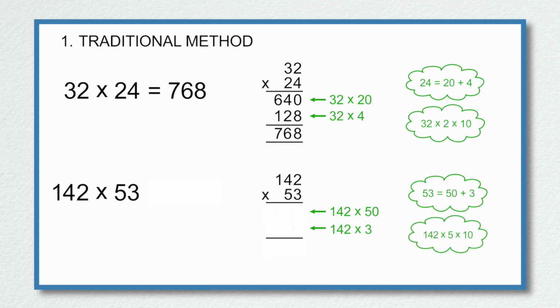50 is a multiple of 10, and we're multiplying a whole number, so the answer is going to end in a naught to allow for that multiple of 10. So we write the naught down in the units column. We're now left with 142 multiplied by 5. So we start with the units. So 2 multiplied by 5 is equal to 10.